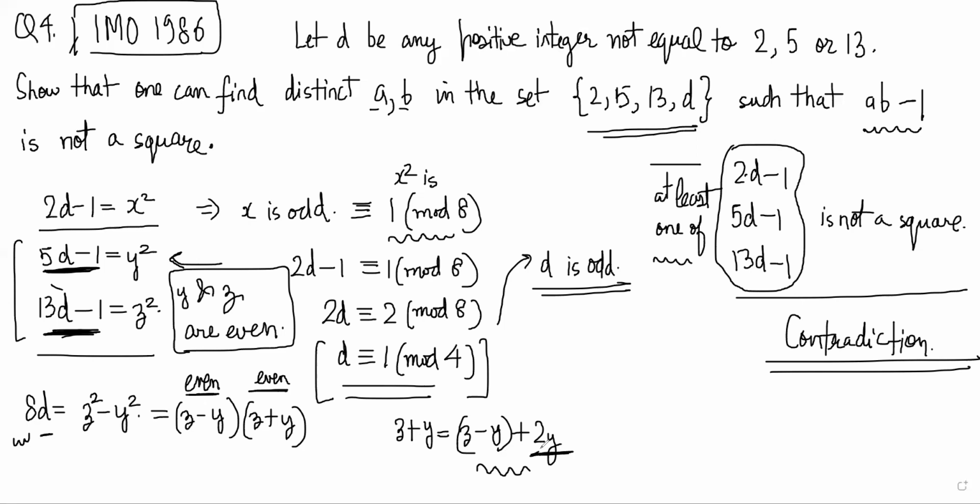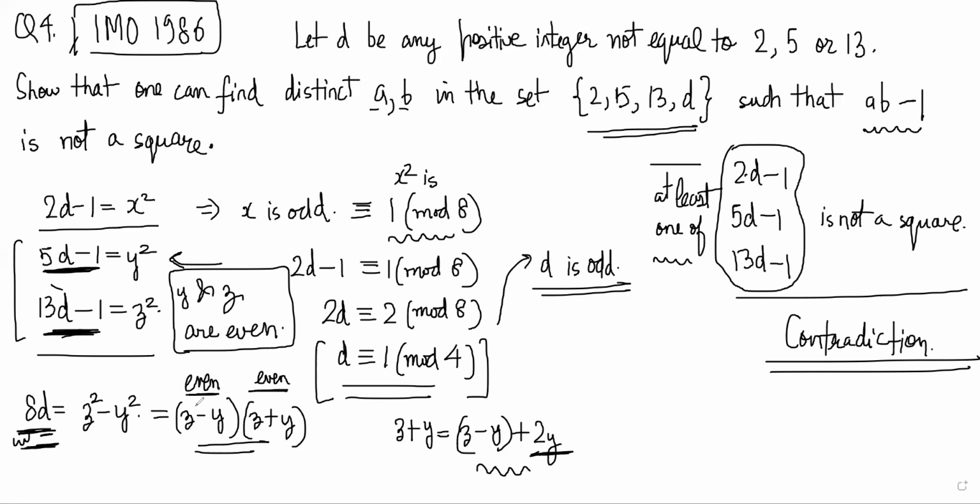So then Z plus Y is also divisible by 4. So the product is divisible by 16, but 8D is not divisible by 16. That is your contradiction.